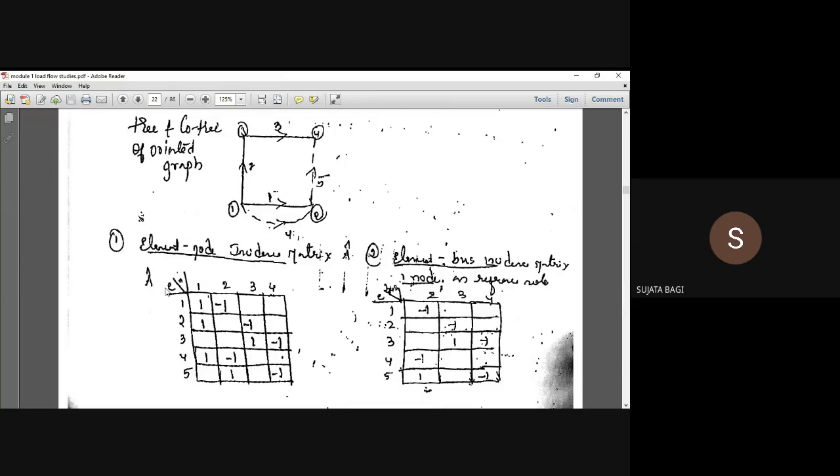Once you form the element to node incidence matrix A cap, you will get A, which is the element to bus incidence matrix. So this is the basic. With this basic we'll go for different techniques and derivations, and we'll take this for the next derivation. Thank you.